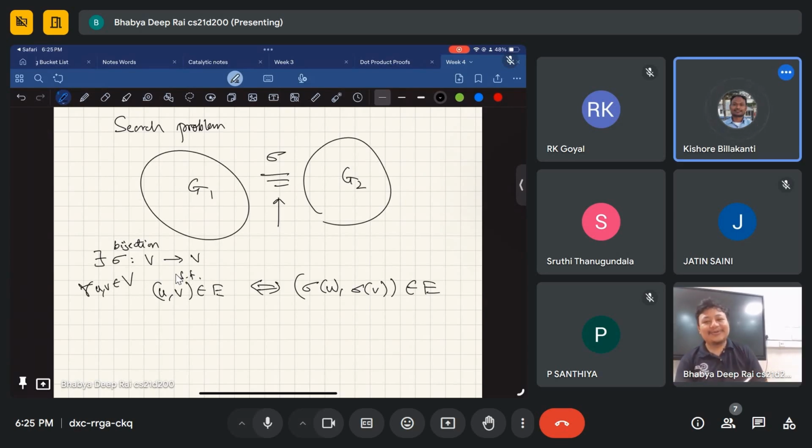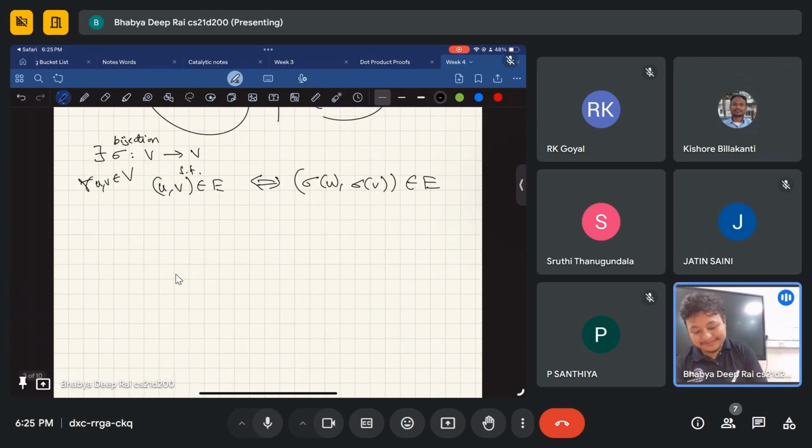Now I want to say: find the isomorphism, if it exists. So the question is, how many possibilities are there?